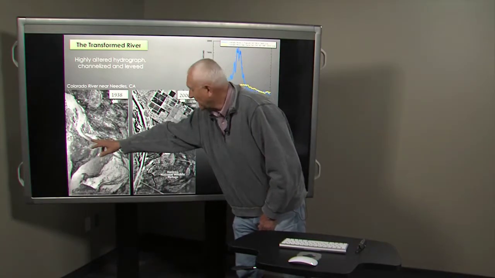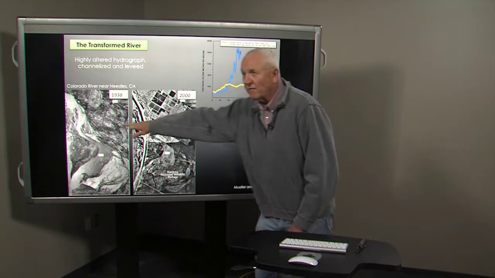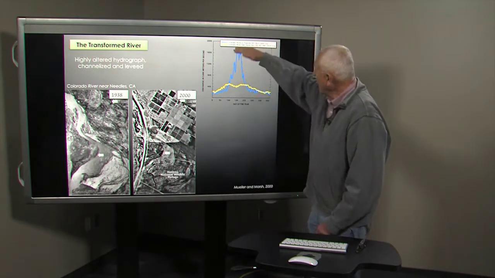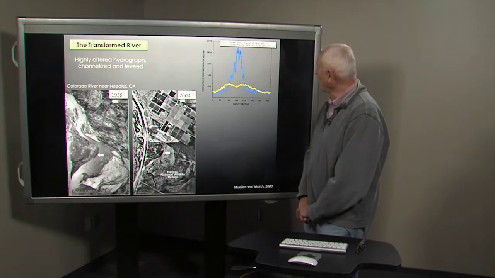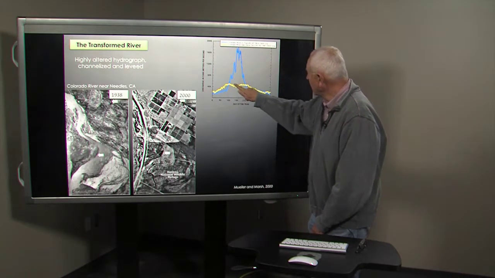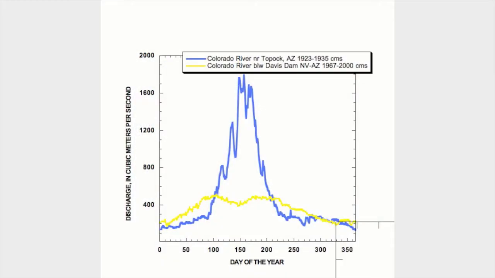Other parts of that section have been completely channelized. This is a photo match, and this is the average hydrograph of the river before Hoover Dam. Yellow after Hoover Dam, you can see a great reduction in the flood regime.